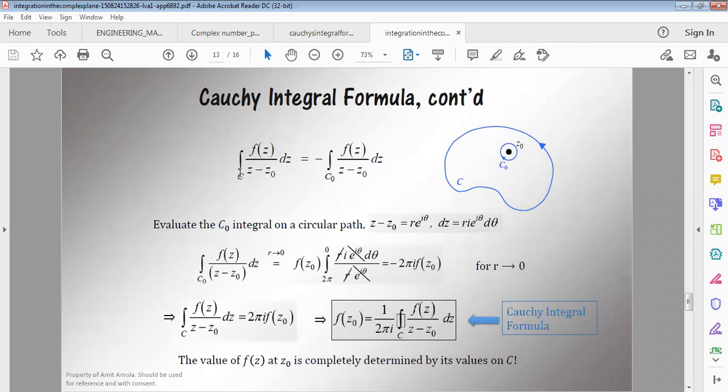Negative means the opposite direction of the integration over C naught. This is the graphical depiction.